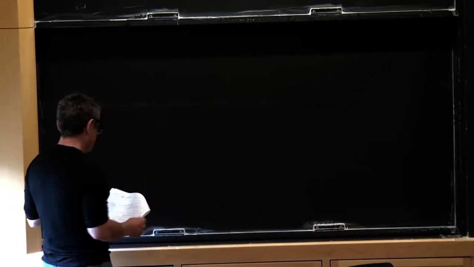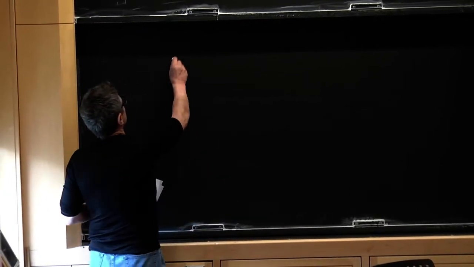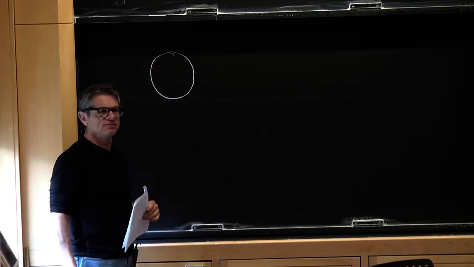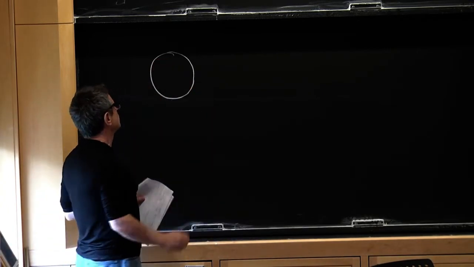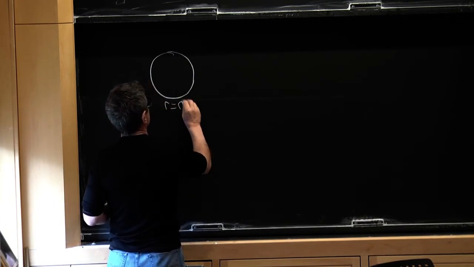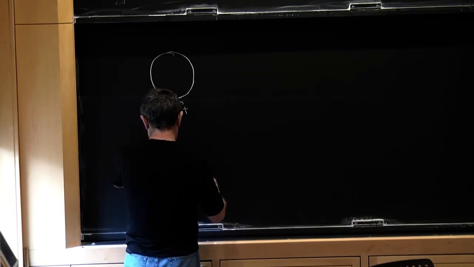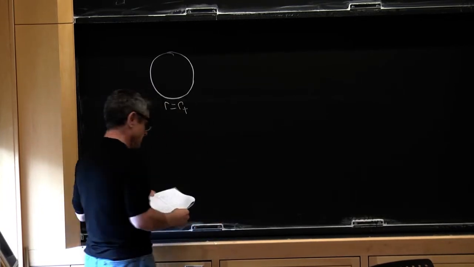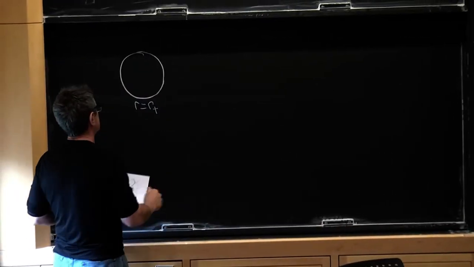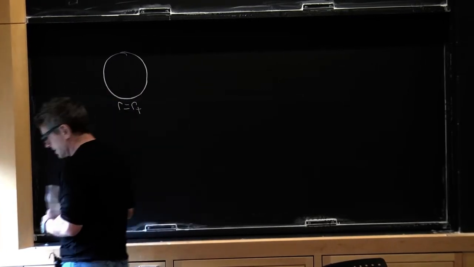Now, last time, you learned some qualitatively new features of the Kerr black hole. It has a horizon at r equals r plus, but then there's a second surface, the so-called stationary limit surface, let me use a different color.